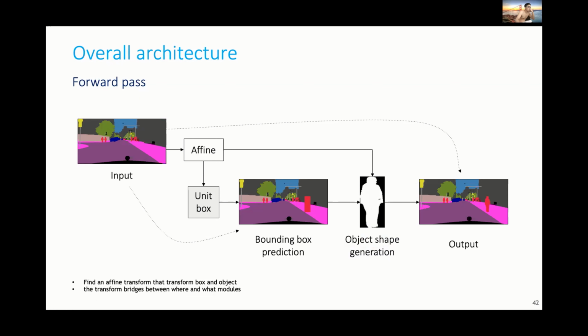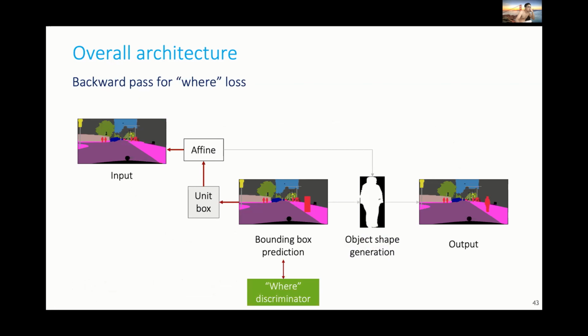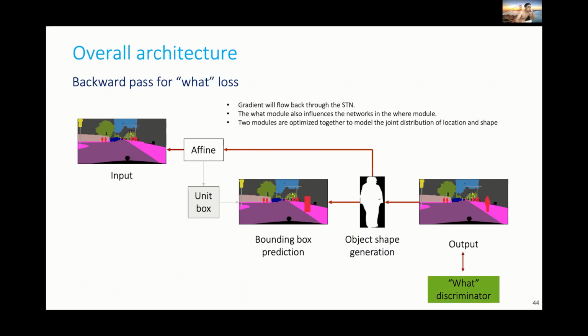For the backward pass, the gradient will be passed from either the where discriminator or the what discriminator. These two modules are connected by the same affine transformation, so all the gradient will pass through this affine transform in the STN model. So we can train both networks jointly.